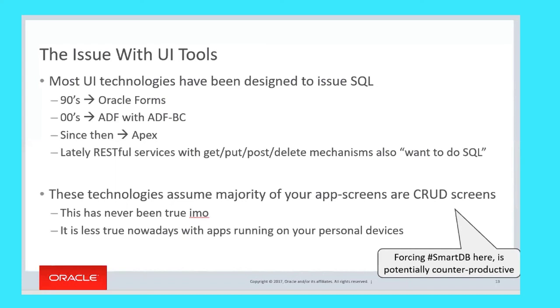Yes, of course. And that would be a deliberate compromise or a deliberate decision, and you wouldn't then claim that the approach was SmartDB. Correct. It would be what it is. It would be, let's say, possibly an insistence that a PL/SQL subprogram approach is used for all the data changing operations.